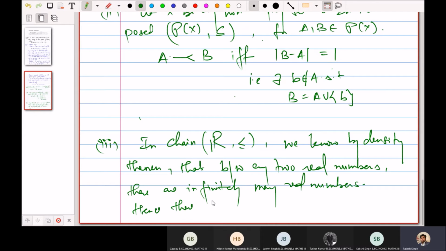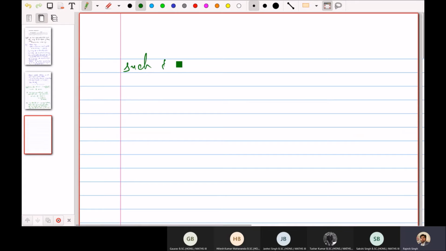Hence, there does not exist any pair x, y in R such that either x is covered by y or y is covered by x. ऐसा कोई भी exist नहीं करता है, ठीक है? Is it fine, everyone?